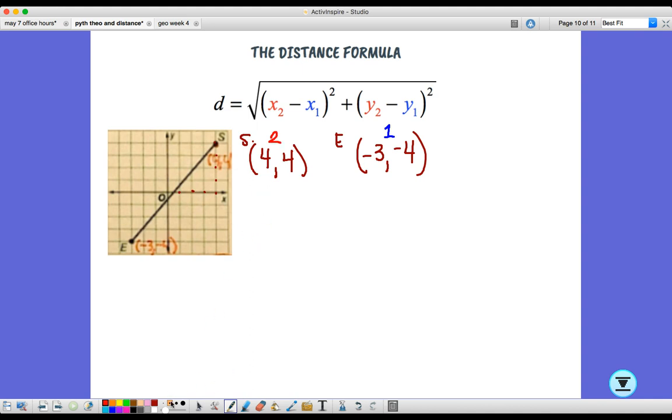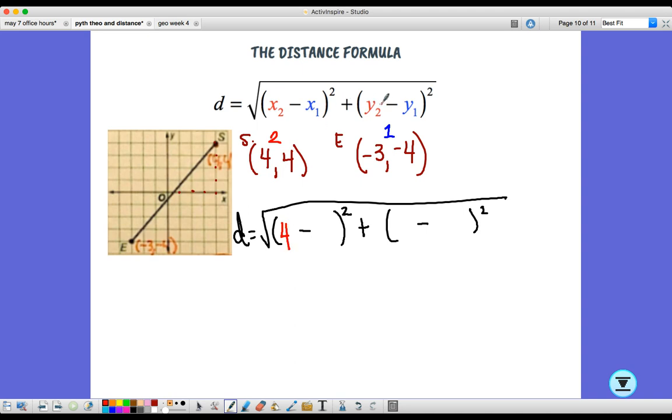So I have the distance equals the square root of, I'm just going to set up my formula, and then I'm going to plug in my numbers. So my x2 value is 4, and my y2 value is also 4.